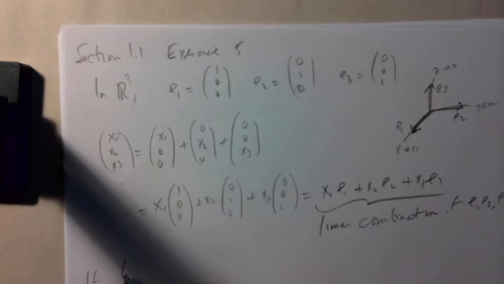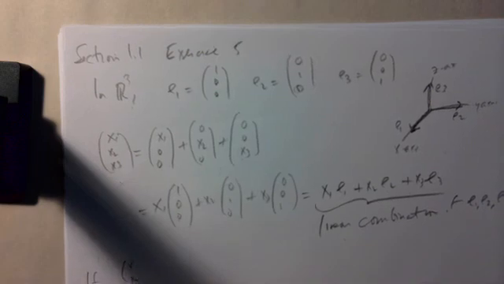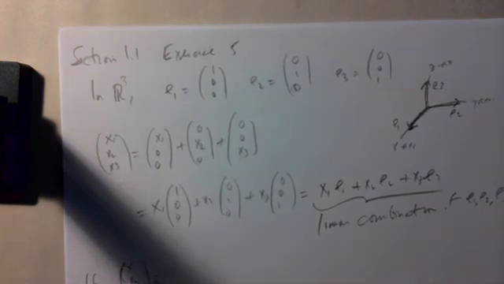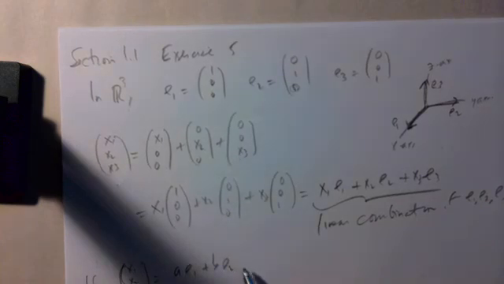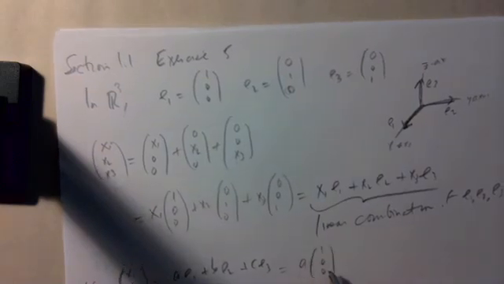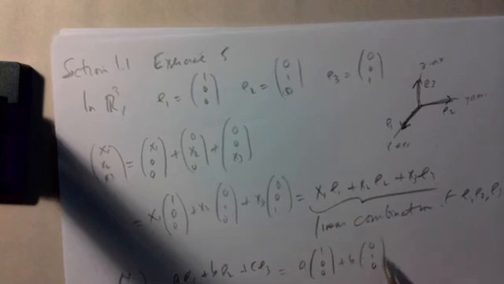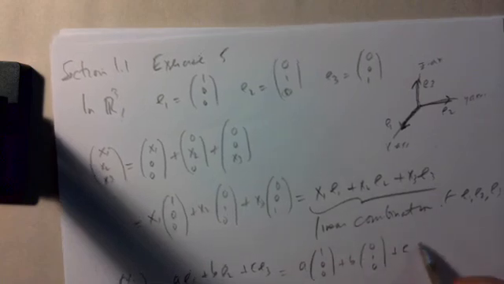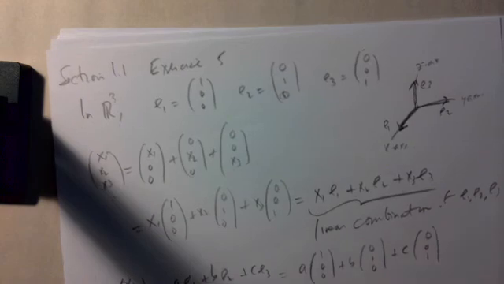So if the vector x1, x2, x3 is some linear combination, let's say a e1 plus b e2 plus c e3, for some scalars a, b, and c, then a e1 is a times 1, 0, 0, and b e2 is b times 0, 1, 0, and c e3 is c times 0, 0, 1.